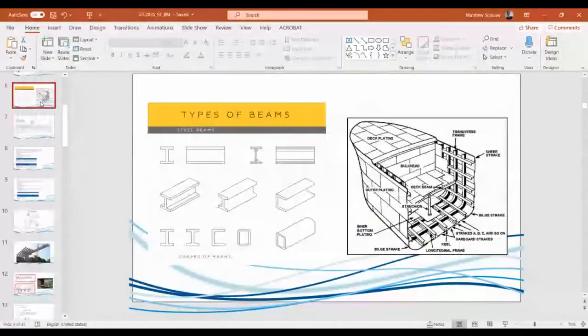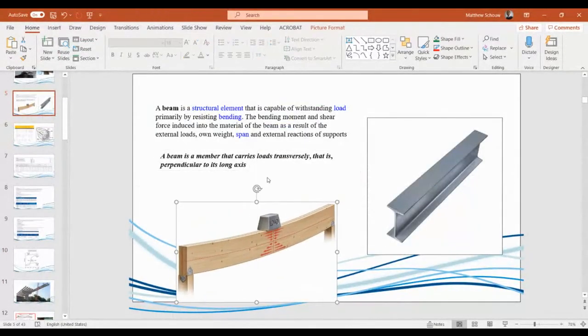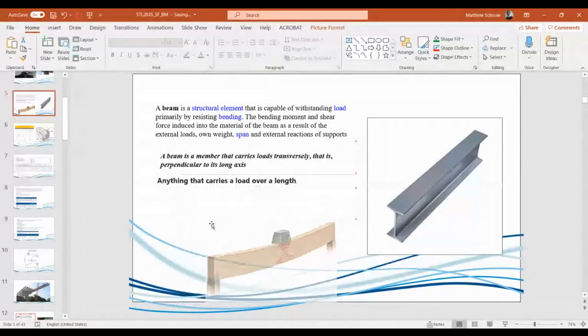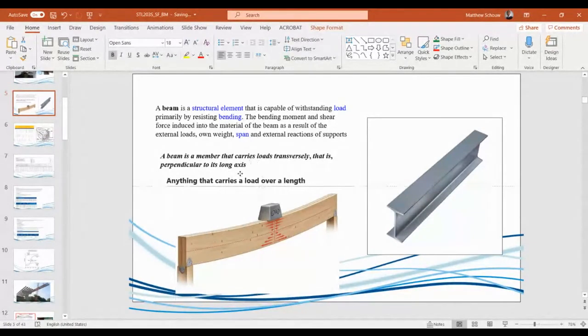Just get that in there. I should make that a bit bigger. We've got it all here, right?